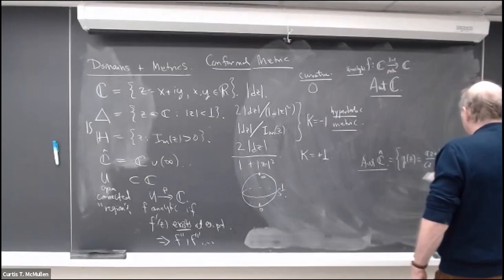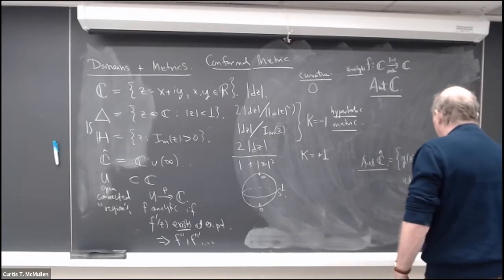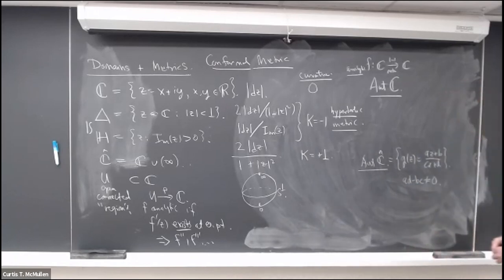And we want that the numerator and denominator are not proportional to one another, because then they would give a constant function. So we require that ad minus bc is non-zero. And once you've done that, you could scale the numerator and denominator so that ad minus bc is equal to 1.